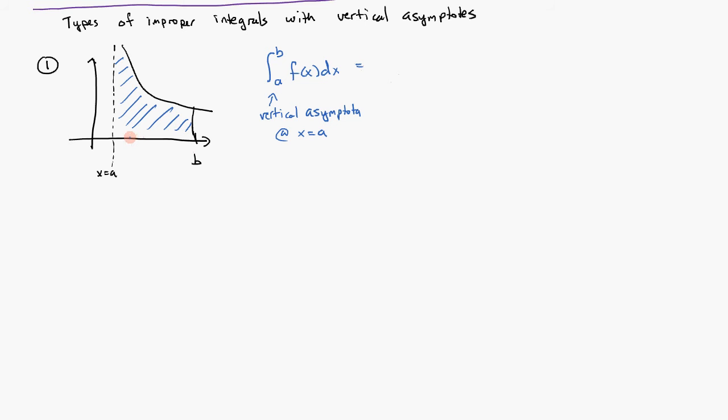So what we do is we cut off the interval near it, and then we let c approach the asymptote. So we integrate from c to b, f of x dx, and then we take the limit as c goes to a from the right.